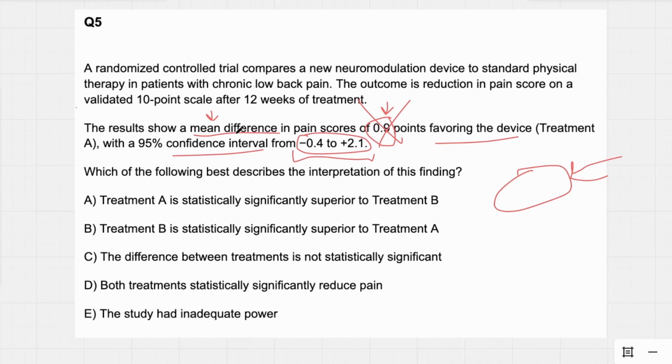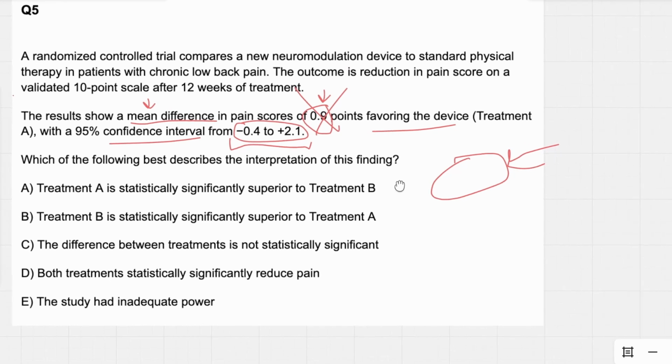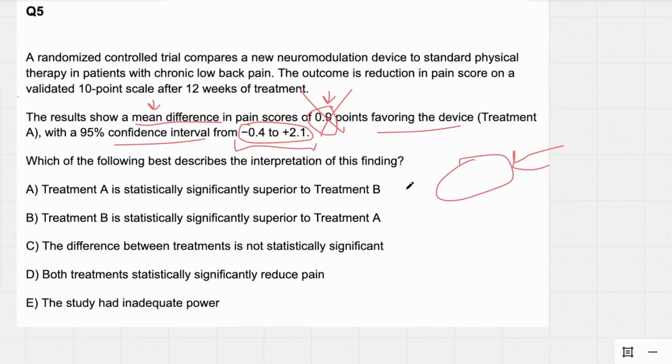Now, remember I said mean is 0. What if you had relative risk? They give you risks that start at 1, not 0. Your relative risk starts at 1. That means there is no relative risk one way or the other. If it's above 1, it favors whatever the first treatment is. If it's below 1, it favors the other treatment.